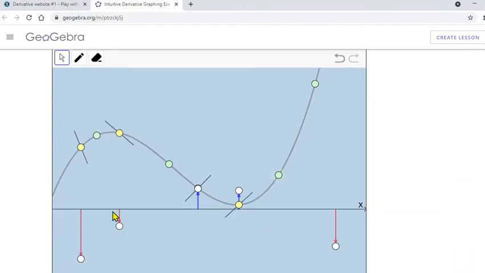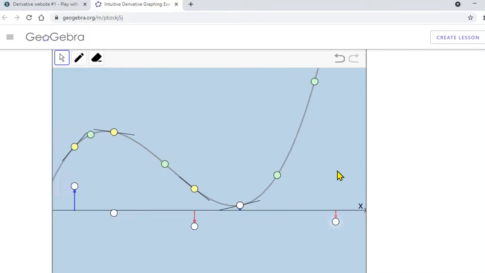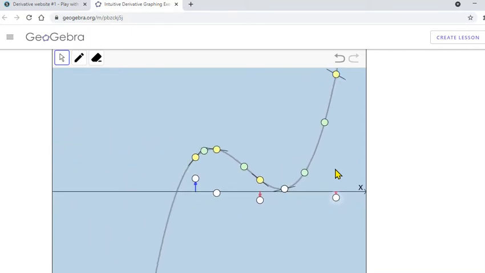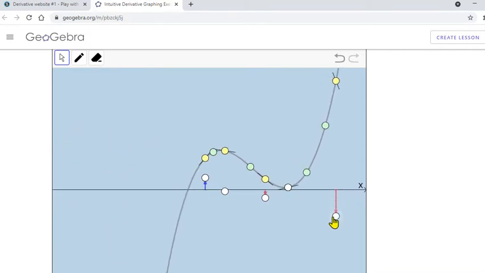So if I look at that function, I can go ahead and change each of my tangent lines to try to understand. Oops, I didn't want to change that. Can't see it. Where's my other yellow dot? There he is, way up there.